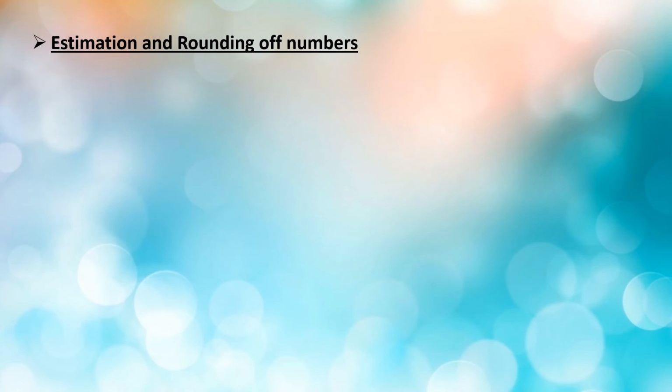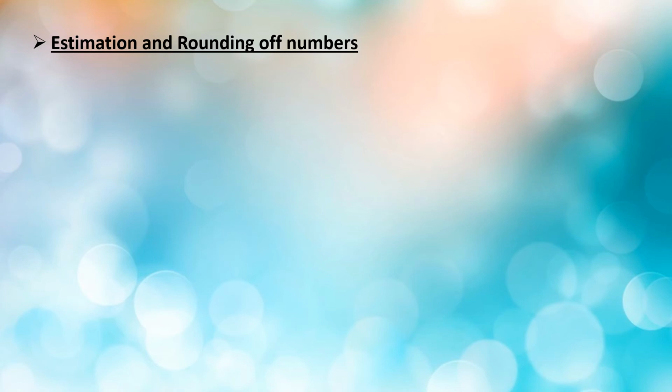Now let us look into estimation and rounding of numbers. When do you have to round or estimate the numbers? Yes, there are many situations when it is not possible to determine the exact number. For example, in a cricket match being played between two nations, it is not possible to determine precisely the number of people watching the match.